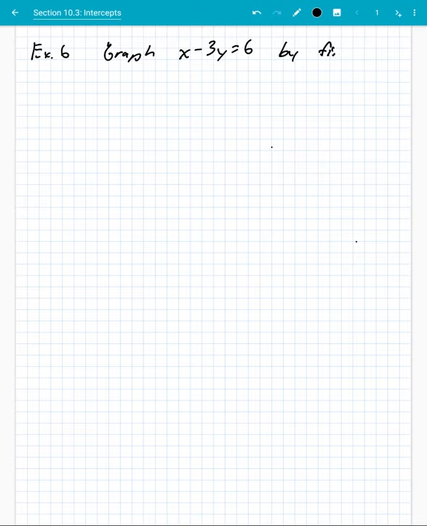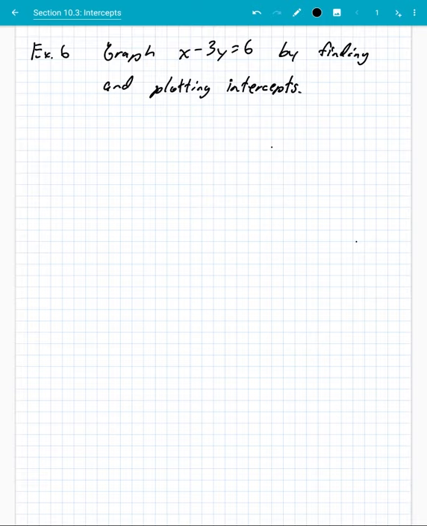Let's look at this. Example 6. It wants us to graph x minus 3y equals 6 by finding and plotting the intercepts.